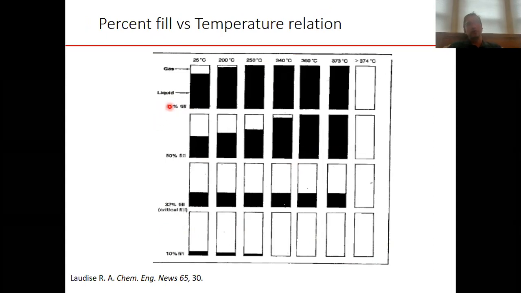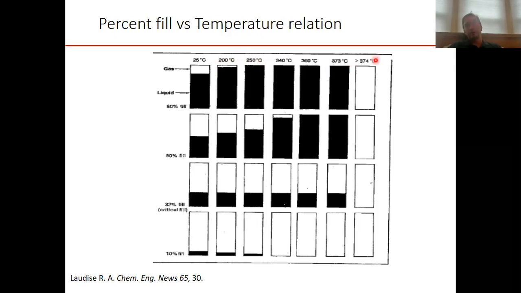So here we have, for instance, 80% fill at 25 degrees Celsius. And you can see that the autoclave fills more with the liquid due to thermal expansion as we go up in temperature. And at about 250 degrees Celsius, the autoclave is completely filled, okay?